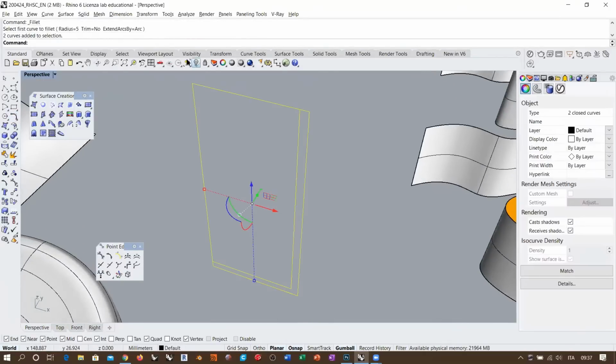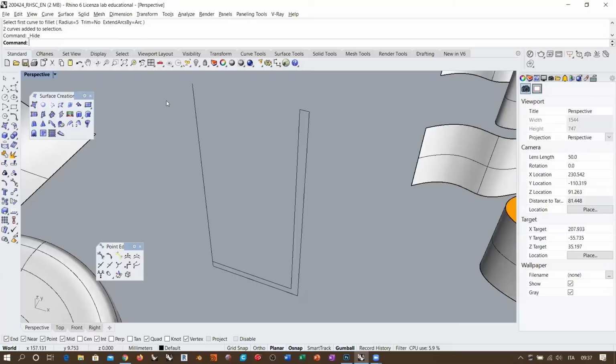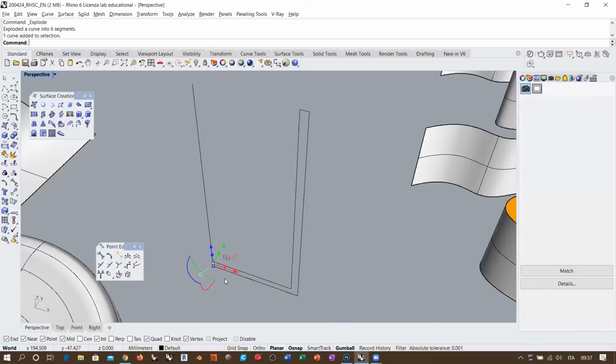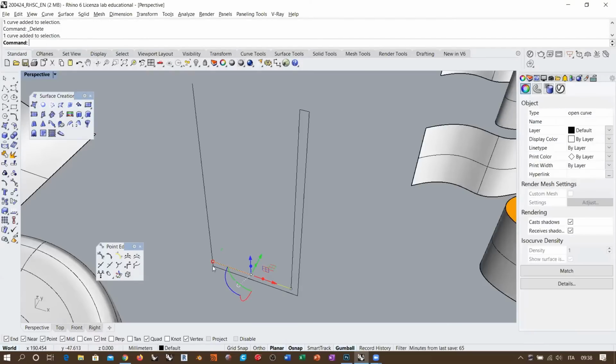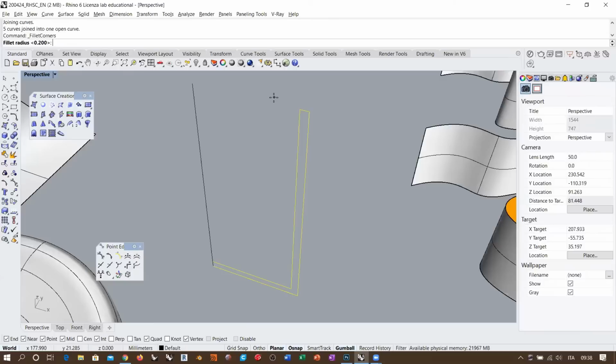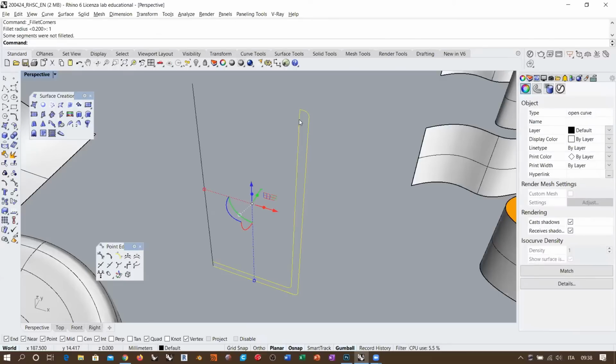Let me get rid of the 2 rectangles. I could also explode this curve because I don't need this side here, so it is open on the bottom, and then join this back together. Then eventually execute a fillet corners with a radius of 1.